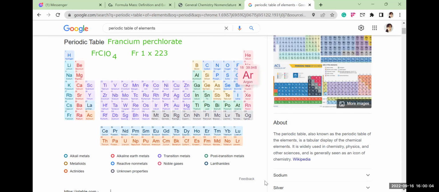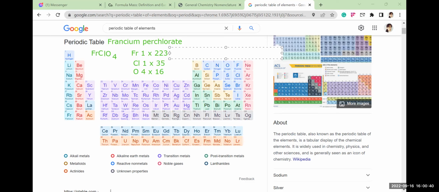Next, how about chlorine? How many chlorine ions do you have? 1. What's the atomic mass unit? 35. Very good. And then lastly, oxygen. How many oxygen ions do you have? 4. And then what's the atomic mass unit? 16.